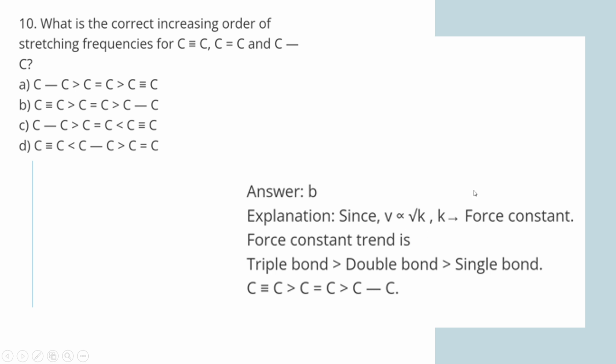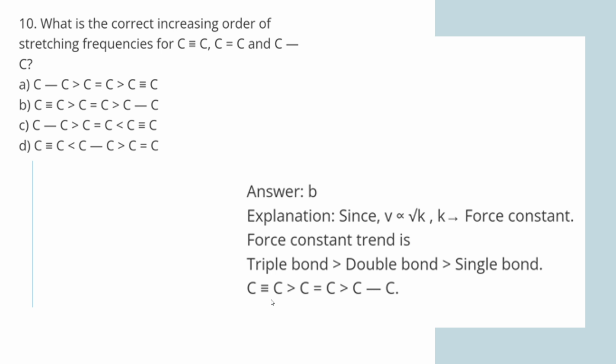Okay, this you will study in physical chemistry, but when it comes to comparing the bond strengths or stretching frequencies in IR spectroscopy in organic chemistry, we can see that in case of a triple bond, the carbon-carbon bond is much stronger as compared to double and single bond.